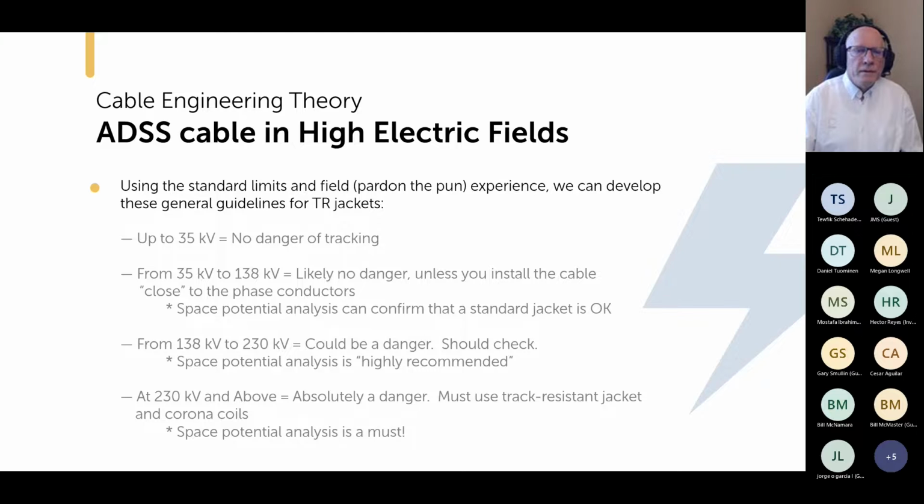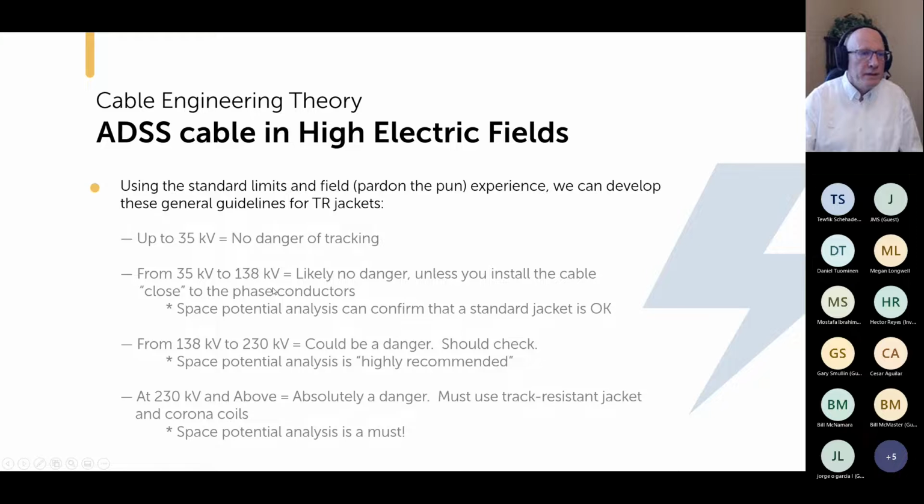So it is zero, not about zero. It is zero. So if you're working on distribution lines, for example, you never need to do space potential analysis. Between 35 kV and 138 kV, you have to try really hard to cause a tracking problem.